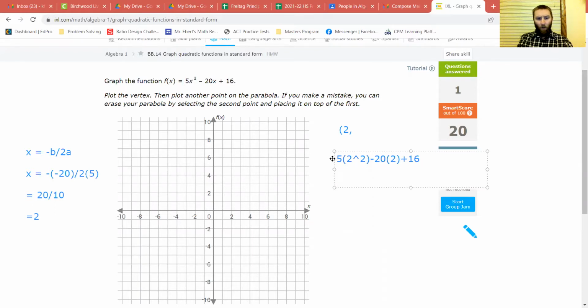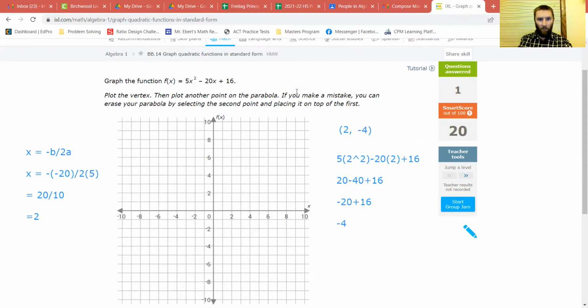And 2 squared is 4. So 5 times 4 is 20 minus 20 times 2 is 40 plus 16. 20 minus 40 is negative 20 plus 16 is negative 4. So my vertex is 2 comma negative 4.